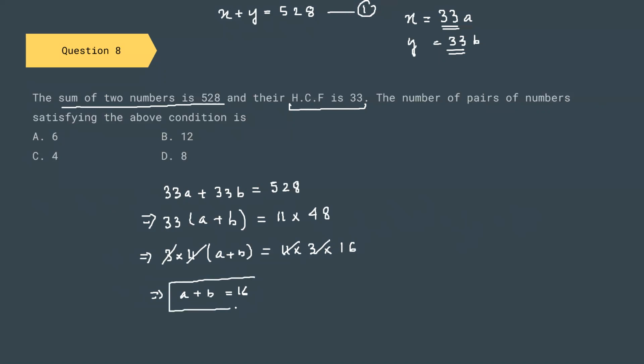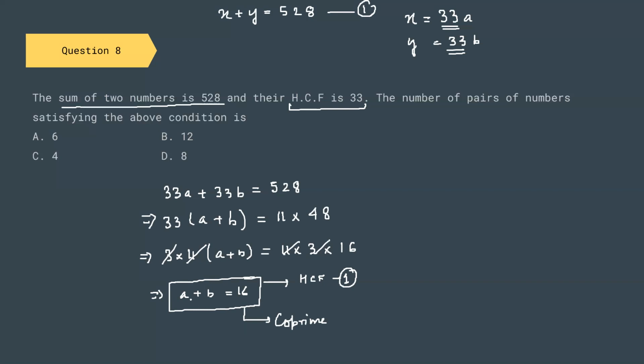So now if we look, a and b have an HCF of 1. And HCF of 1 means a and b are co-primes. If two numbers have HCF 1 between themselves, the numbers are known as co-primes.